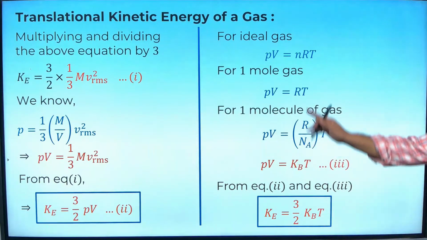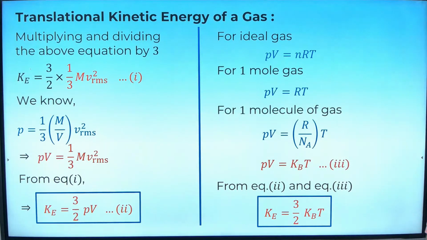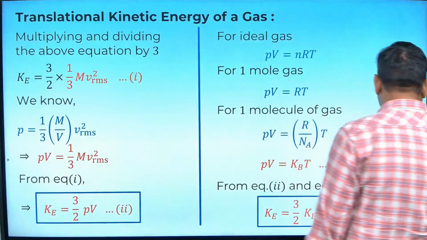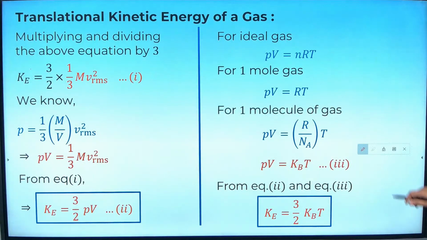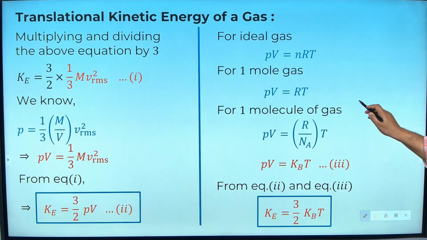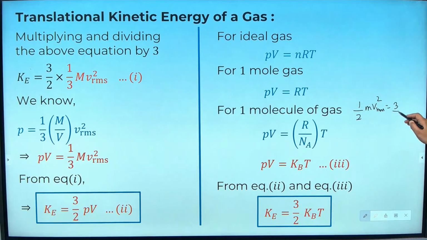Please remember this. How it has come, I have derived it and shown you here. So kinetic energy is 3 by 2 kT. I can write some more things which is not written here. So instead of writing kinetic energy, if I replace with half mv square, it will become half m Vrms square is equal to 3 by 2 kT. 2 gets cancelled.